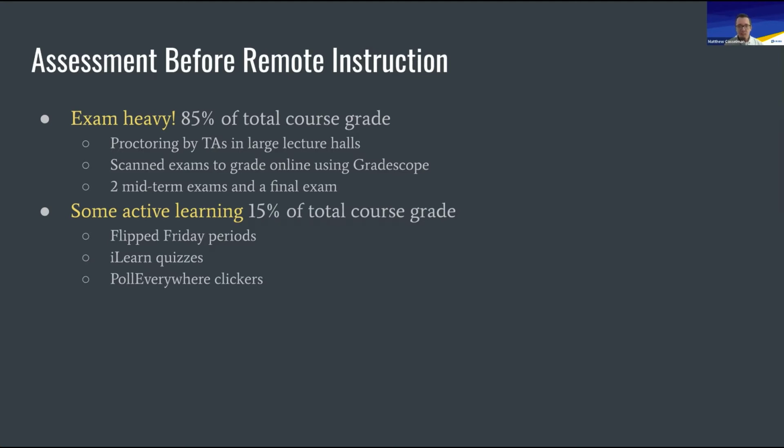It was proctored by TAs, who would walk around watching for eyes moving around. I scanned the exams and used online grading with Gradescope, which Excite has hosted presentations on in the past. If you're interested in Gradescope, I'll mention it briefly towards the end and show you how I use it. But you can look up that old presentation as well.